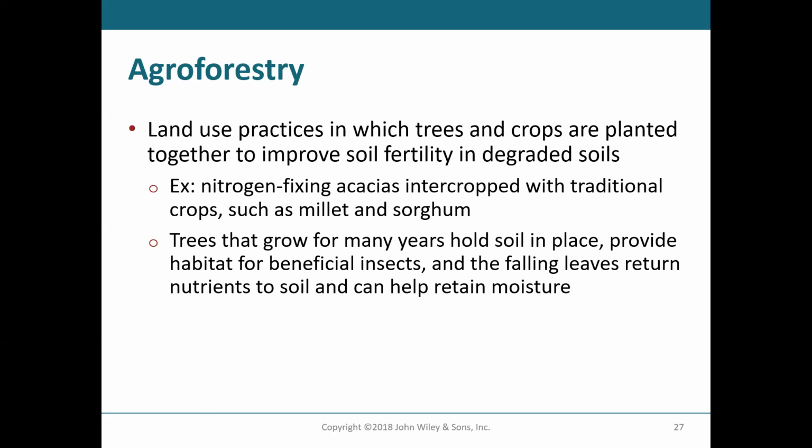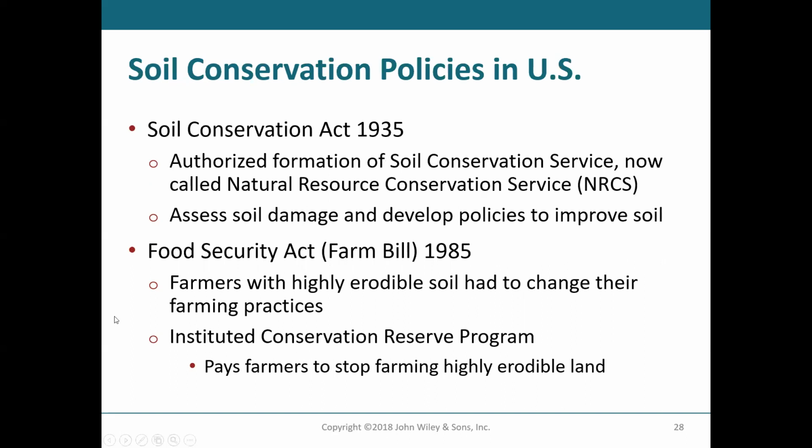The trees, with their bigger roots, can hold soil in place as well as provide essential habitat for beneficial insects, as well as do nitrogen fixation, thereby improving soil fertility. And the crops obviously also provide food for people and for insects and nearby animals. So it's basically like an engineered ecosystem that's mutually beneficial to both humans and the environment.